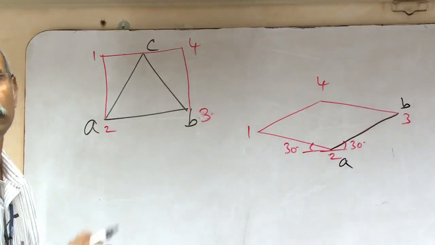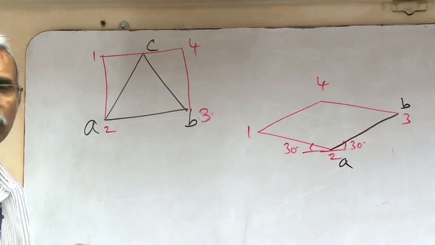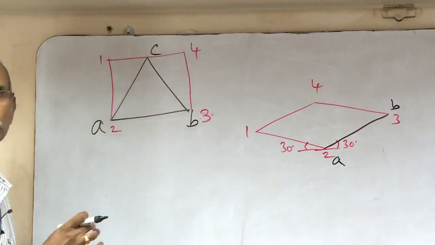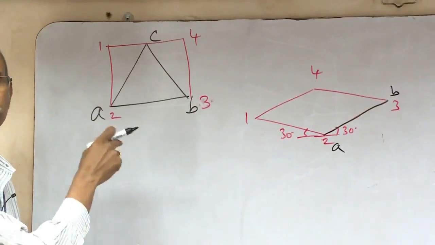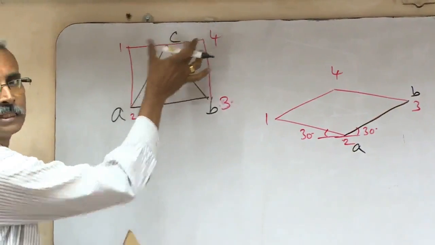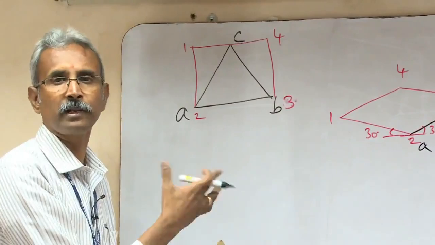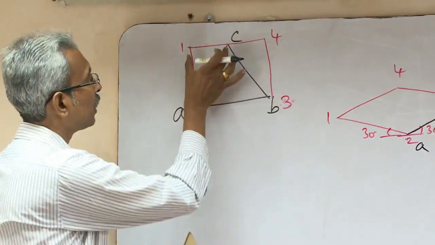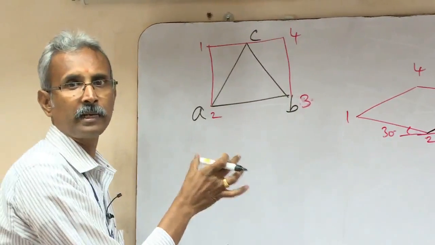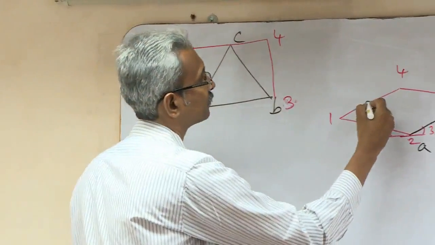Now we have to locate C on this. To locate C, what you have to do is measure this distance 1C. Of course, if it is an equilateral triangle, 1C and C4 will be the same. If it is not an equilateral triangle, it will be different. So measure the 1C distance and transfer that here.